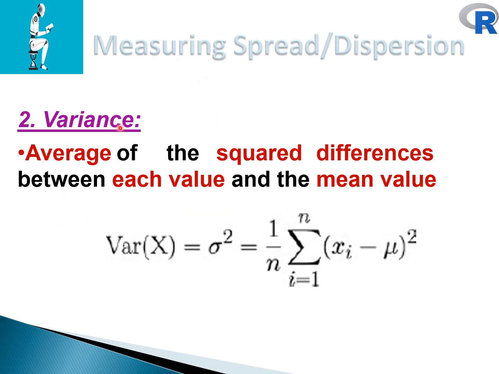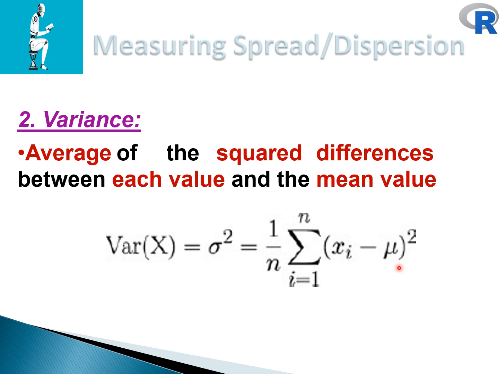The second measure is variance. Variance can be calculated as the average of squared differences between each value and the mean value. Variance of x is represented as sigma square, the notation used in statistics to denote the variance, and it is found by the equation 1 by n sigma i equals 1 to n, (xi minus mu) the whole square, where mu is the mean of the corresponding data distribution.